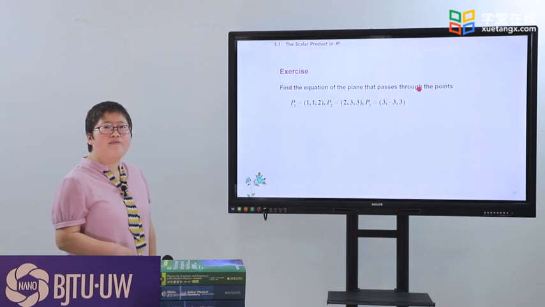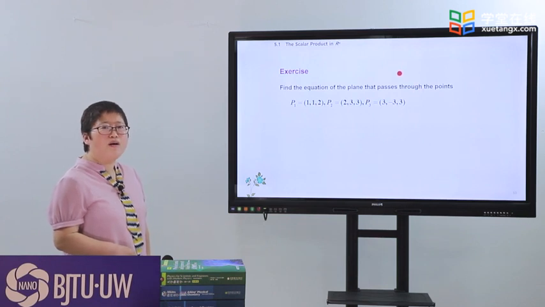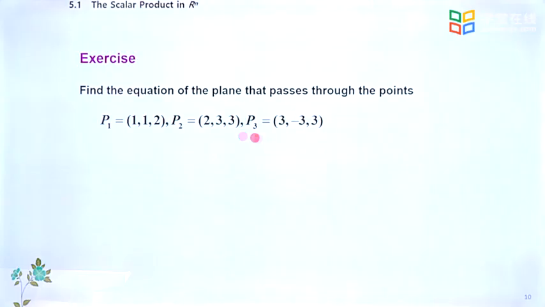This means the vector is normal to the whole plane, right? After you get this normal vector, and you also know this plane passes through a given point, then immediately you can use this normal vector and this given point to get the equation for this plane. Okay.